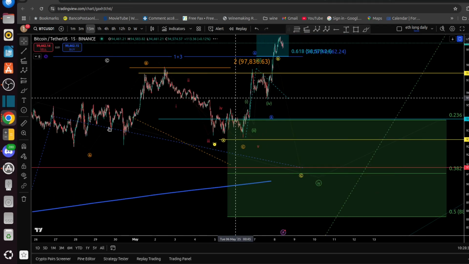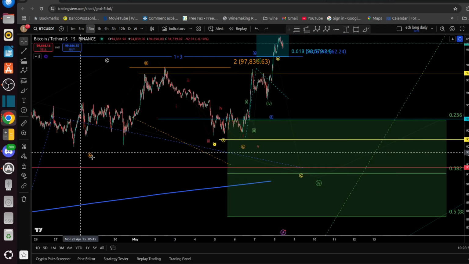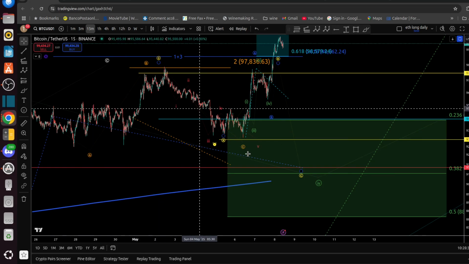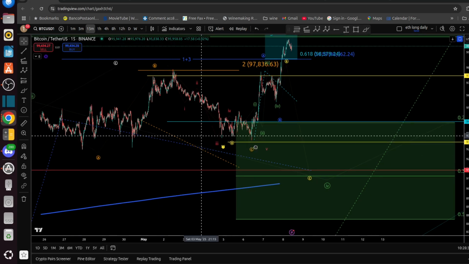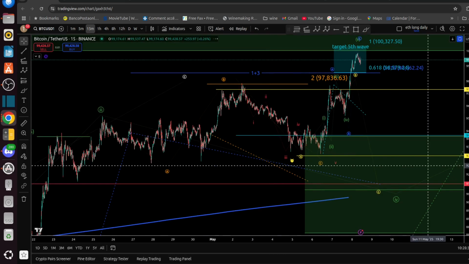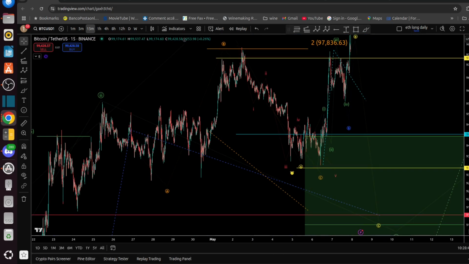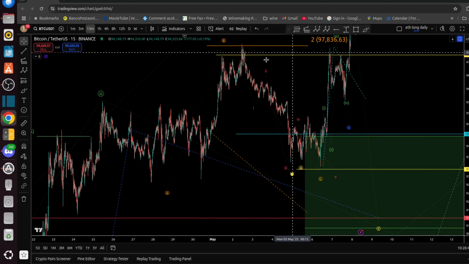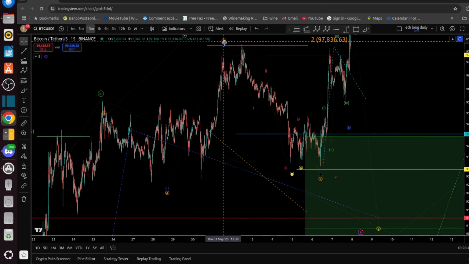Okay, so once again, this is the bottom of the A, this is the B, and this is supposed to be the C. Within the C, now I am on a 15-minute chart, and so the B wave is here.